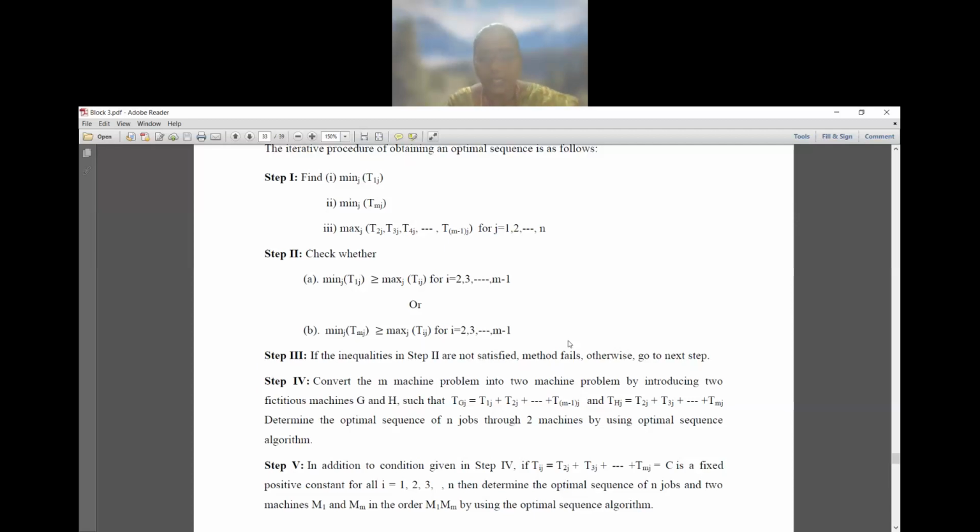After that, we have to determine the optimal sequence of n jobs through two machines by using the optimal sequence algorithm or Johnson's algorithm.